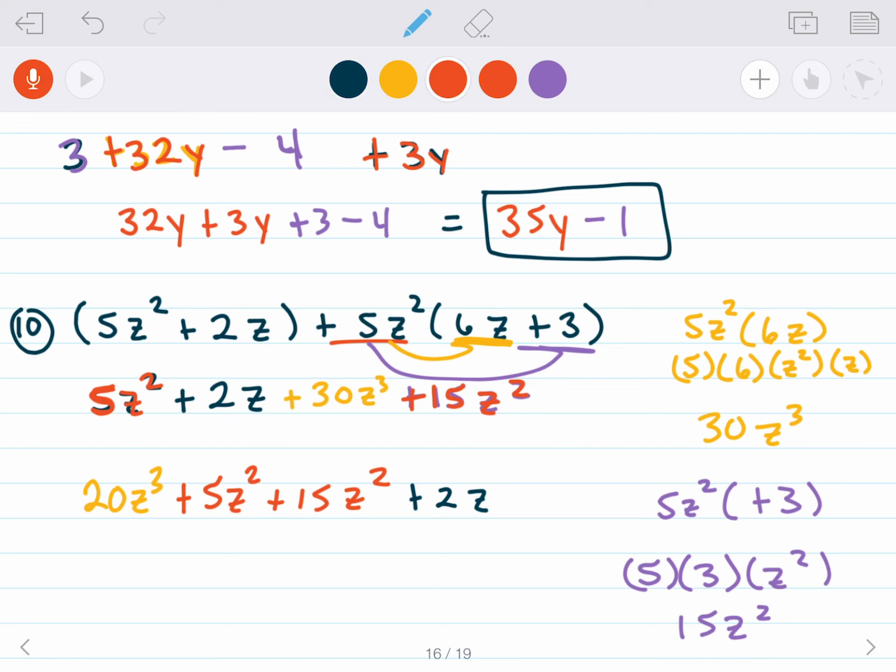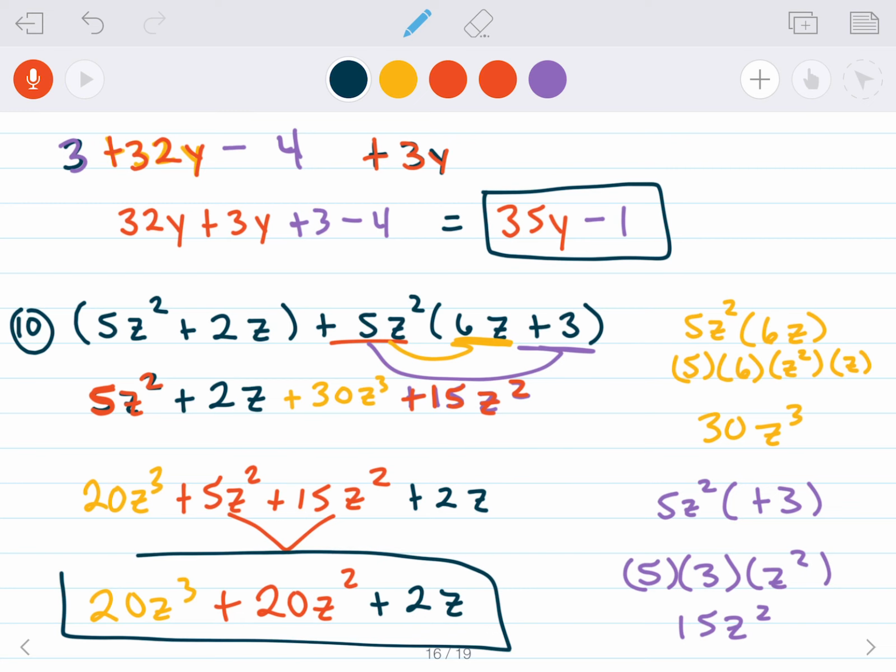Okay, so these can combine because they're like. 15 and 5 make 20z squared. So I have 20z to the third, positive 20z squared plus 2z. And that is my final answer. I have no like terms here, so that is it.